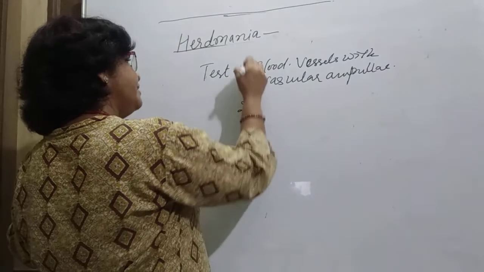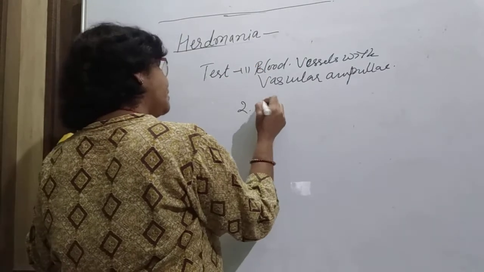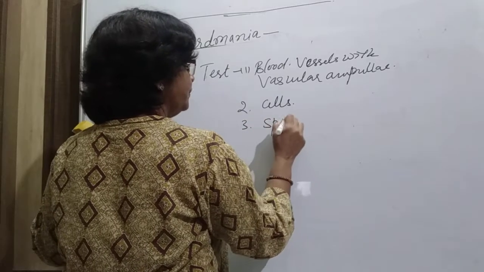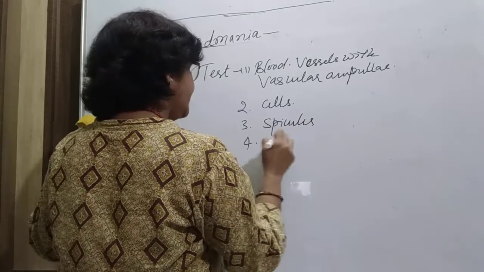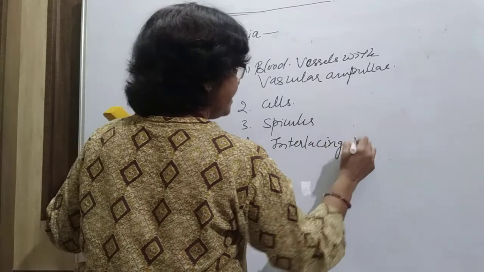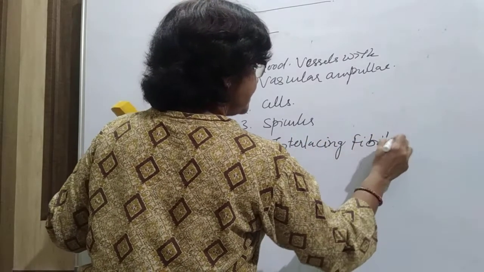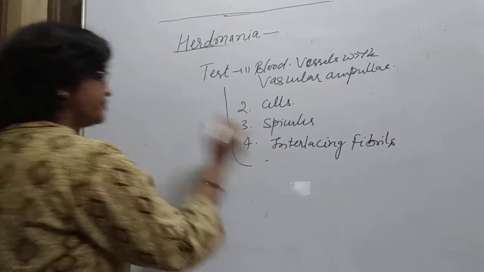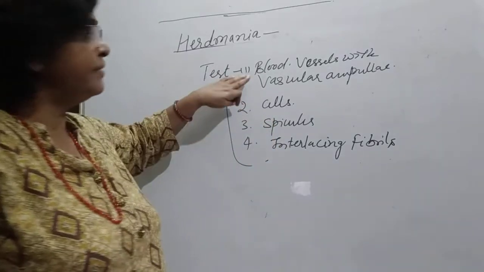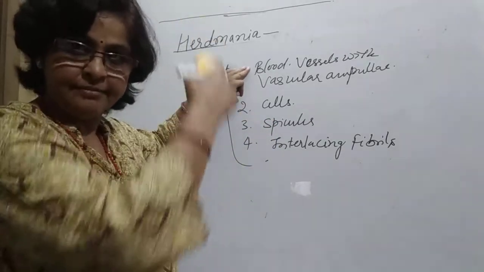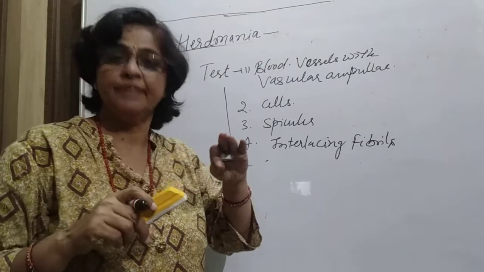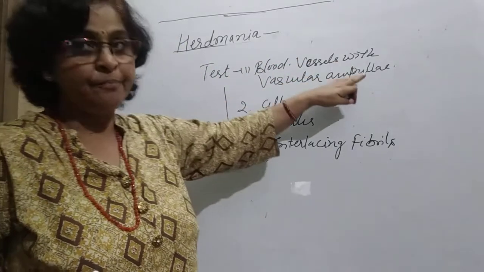Then we have seen a number of different types of cells, then spicules and interlacing fibrils. These are the structures found inside the test. We have seen in the rough diagram the anastomosing blood vessels and the vascular ampullae also.